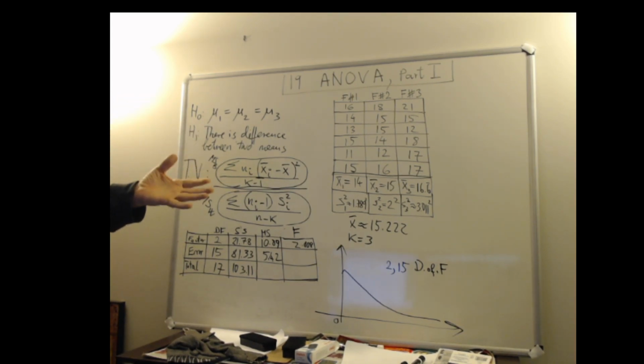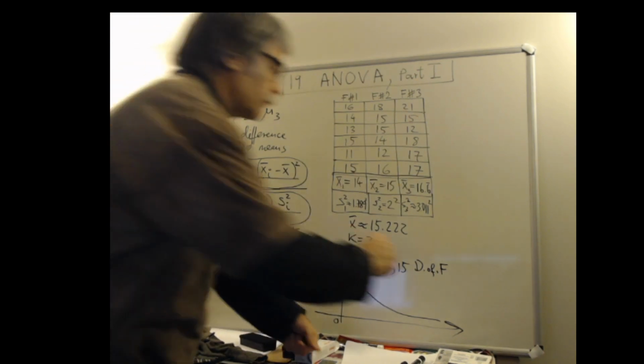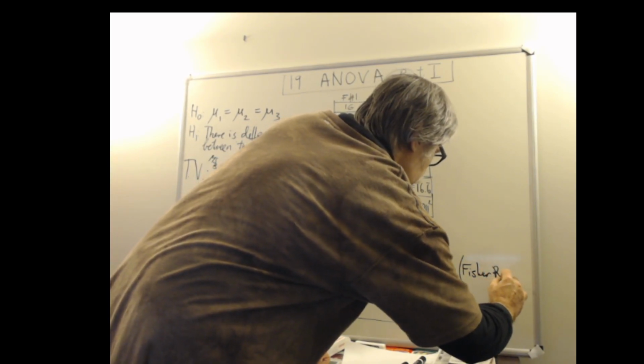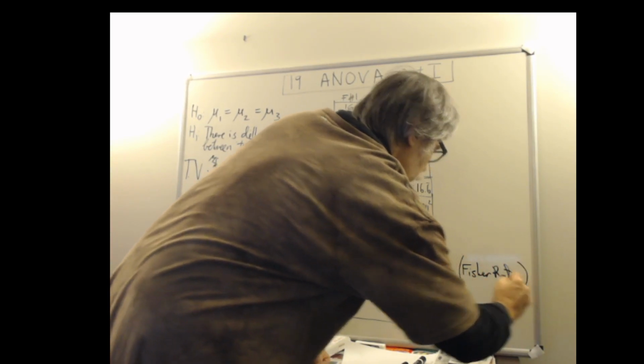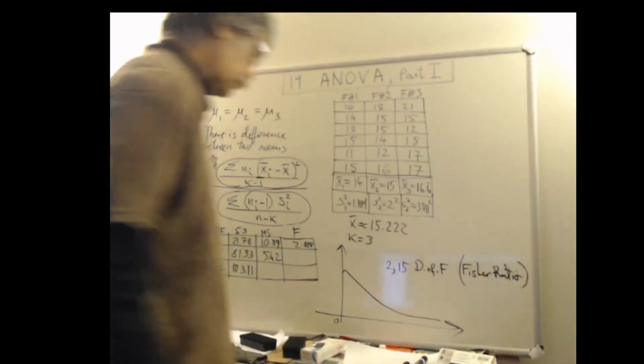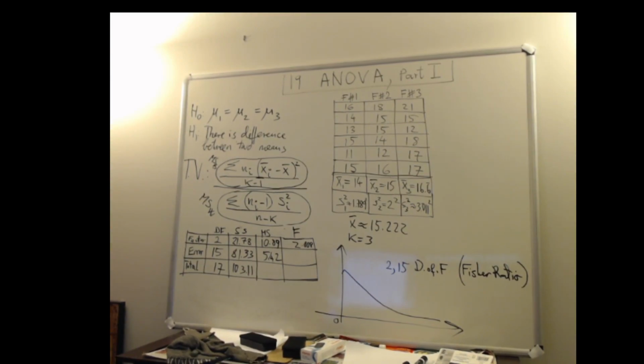So this is called the Fisher ratio curve, or a Fisher ratio distribution. It looks sort of like a chi-square, but it's not really chi-square.